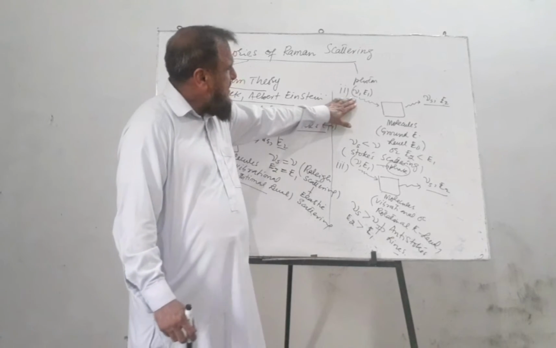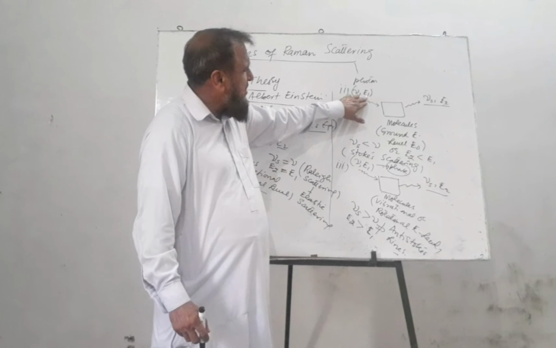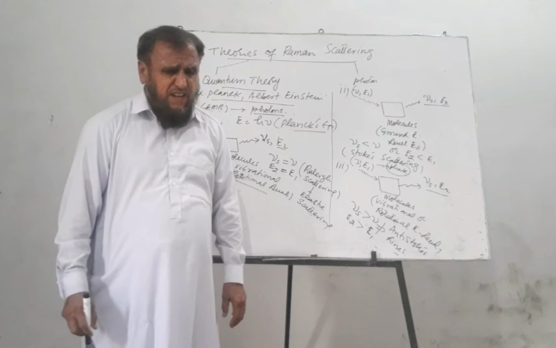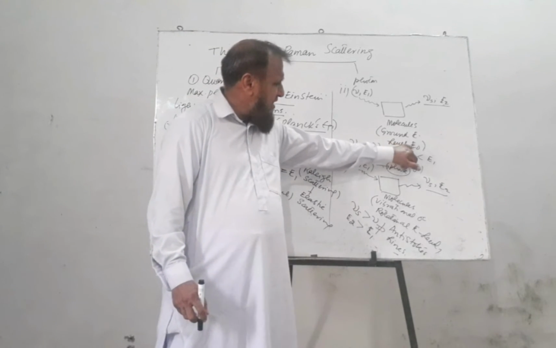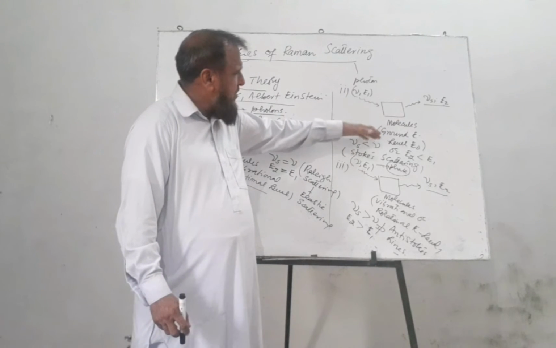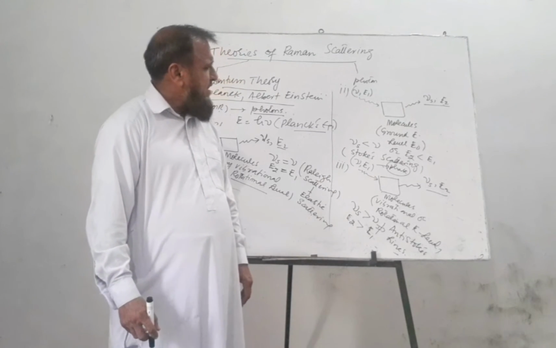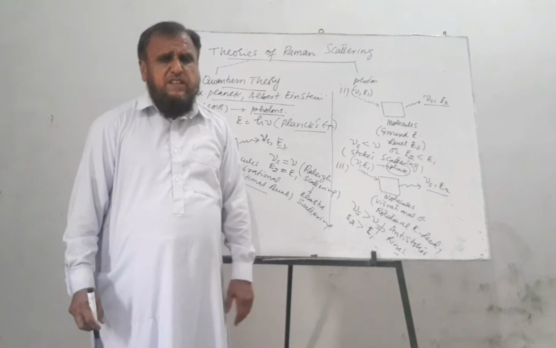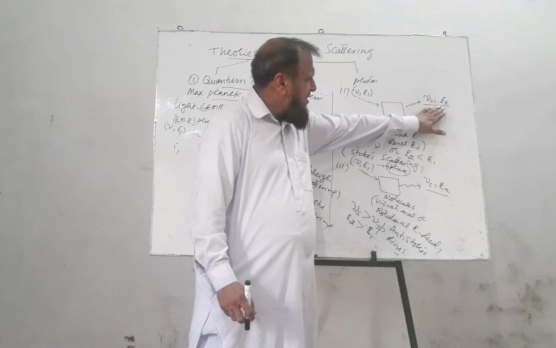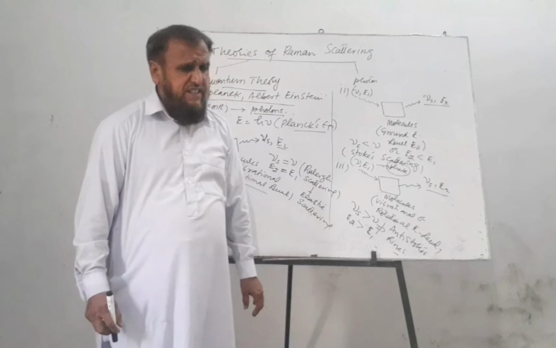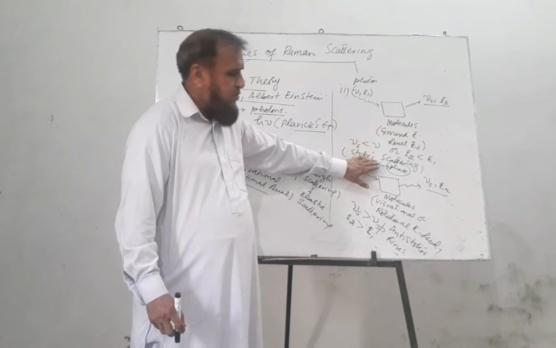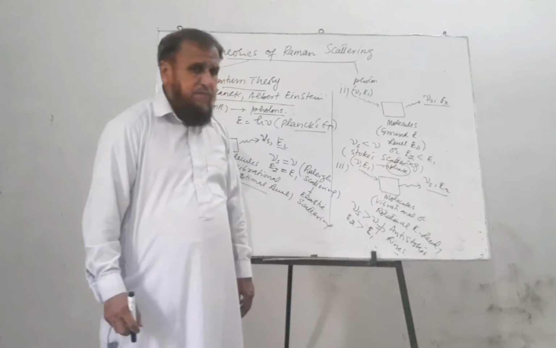In the second case, photons having frequency nu and energy E1 strike molecules present in the ground energy level E0. The molecules may absorb energy from the incident radiation, and their vibrational or rotational energy levels may change. As a result, the frequency and energy of the scattered radiation will decrease, and this type of scattering is known as Stokes scattering. It is a type of Raman scattering.